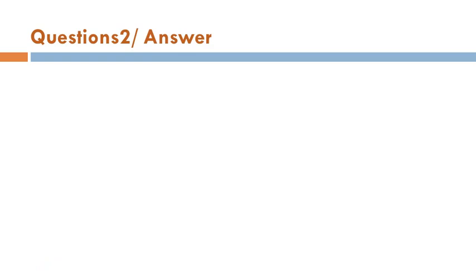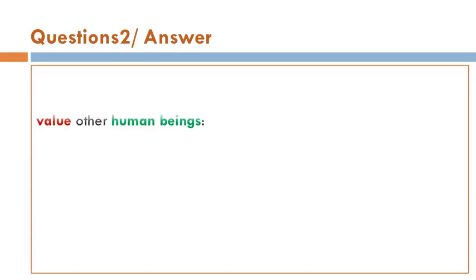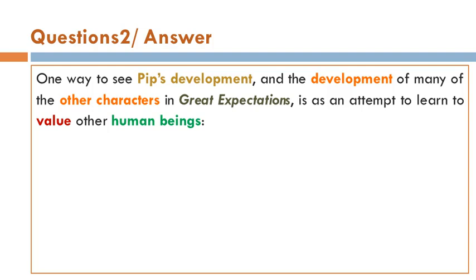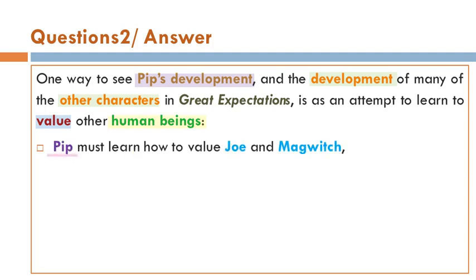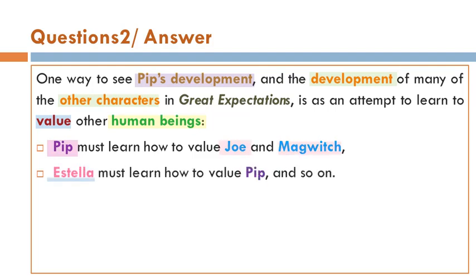Well, to answer these questions, we need to know that in Great Expectations, one way to see Pip's development and the development of many of the other characters is an attempt to learn to value other human beings. For example, Pip must learn how to value Joe and Magwitch. On the other hand, Estella must learn how to value Pip, and so on.